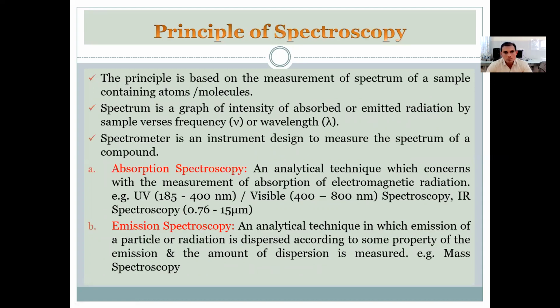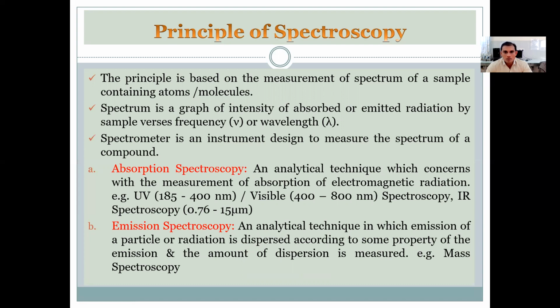Now, what is the principle of spectroscopy? The basic principle of spectroscopic techniques is based on measurements of the spectrum of samples containing atoms or molecules. A spectrum is a graph of intensity of absorbed or emitted radiations, both types.